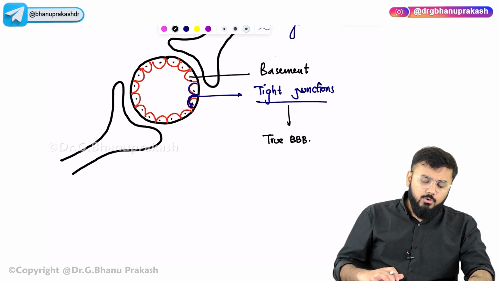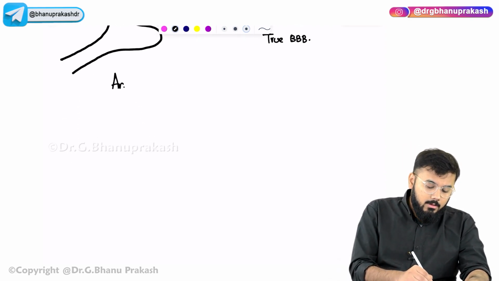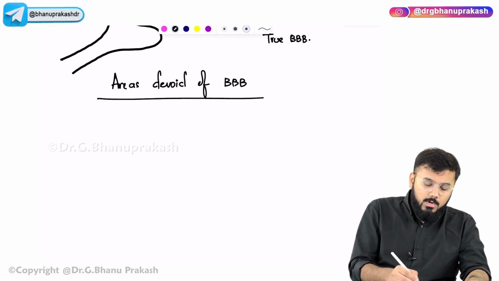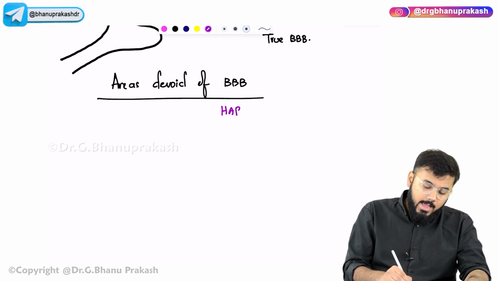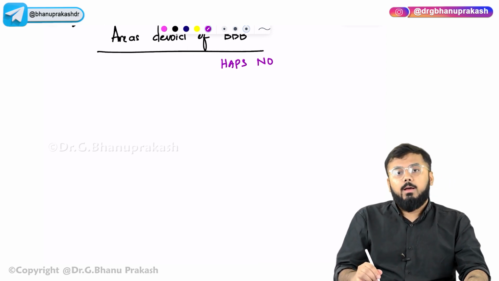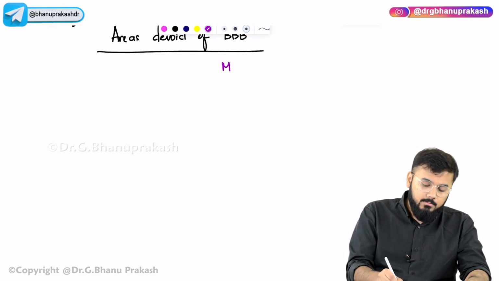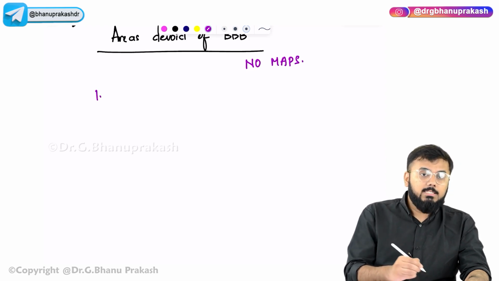Now, what are the areas that are devoid of the blood-brain barrier? Just remember the mnemonic NO MAPS. What does N stand for?